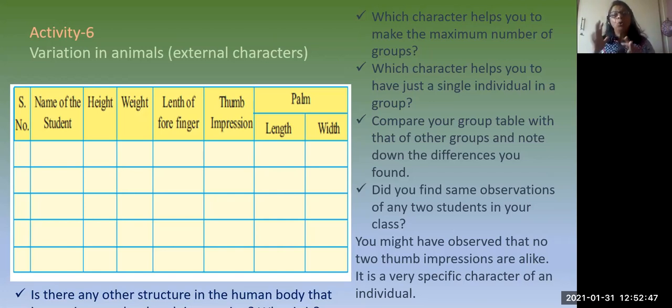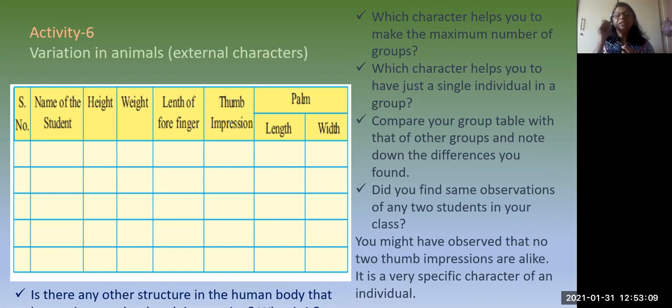Compare your group table with that of other groups and note down the differences you found. Not only this table, make other tables and compare them, and see how the tables are differentiated and what character you based the differences on.